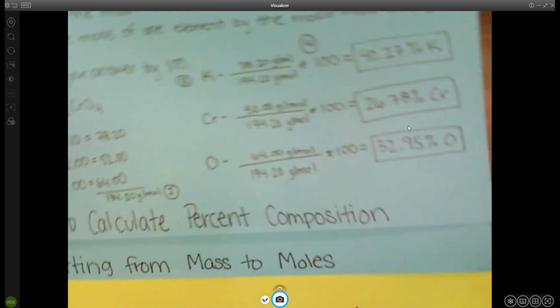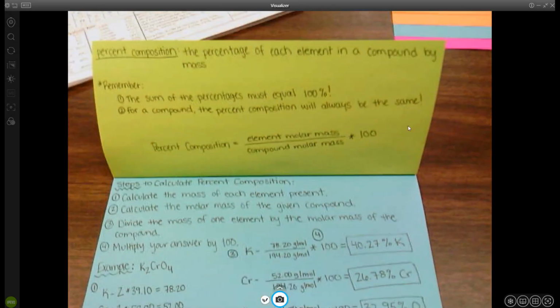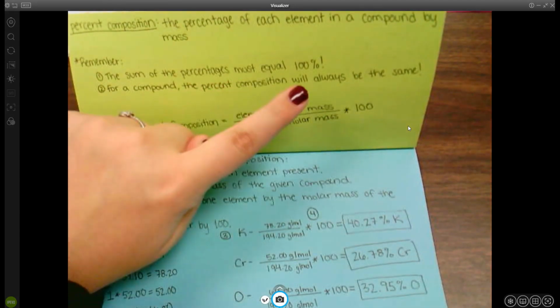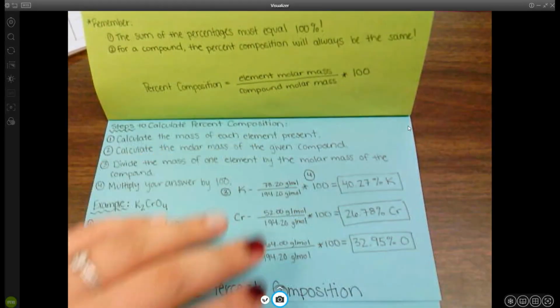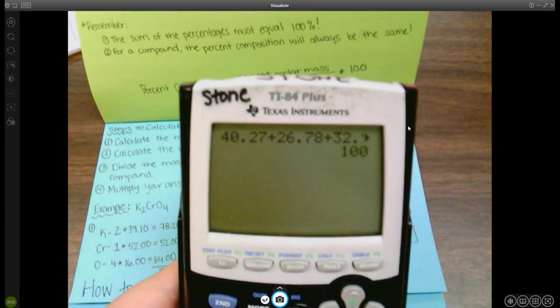So that's how you solve the math, but we still need to check our answers. Remember, the sum of the percentages must equal 100. I'm going to take these three percentages and add them up. 40.27 plus 26.78 plus 32.95 gets me to exactly 100.